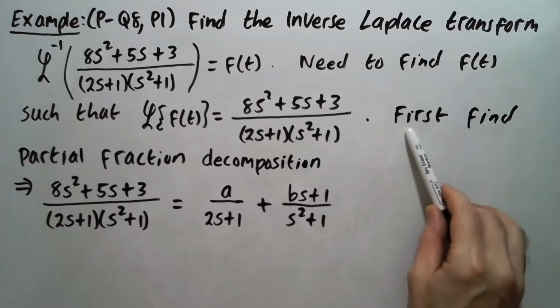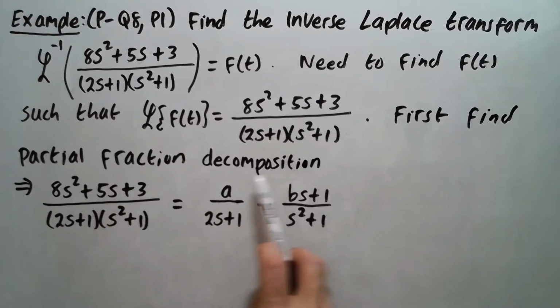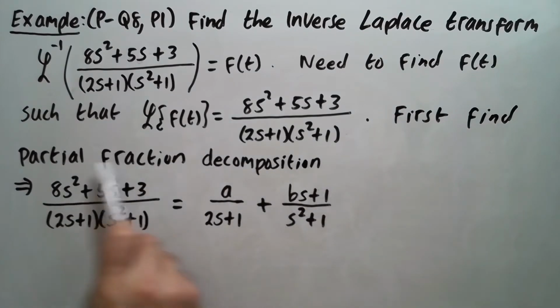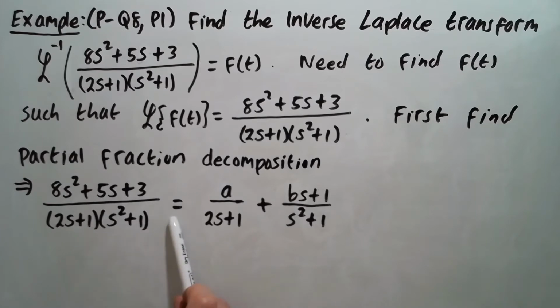Okay, so we're going to first find the partial fraction decomposition of this guy here. So we'll have our 8s squared plus 5s plus 3 over 2s plus 1 times s squared plus 1 equal to A over the first factor, 2s plus 1, plus, since s squared plus 1 is a quadratic factor, and if you factored it you would have imaginary numbers, so I'm not going to do that.